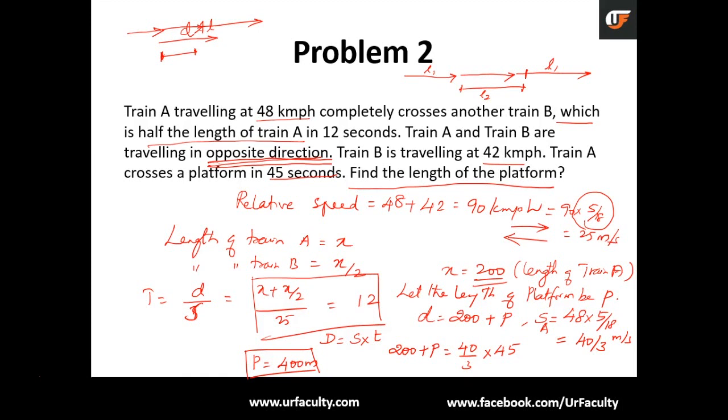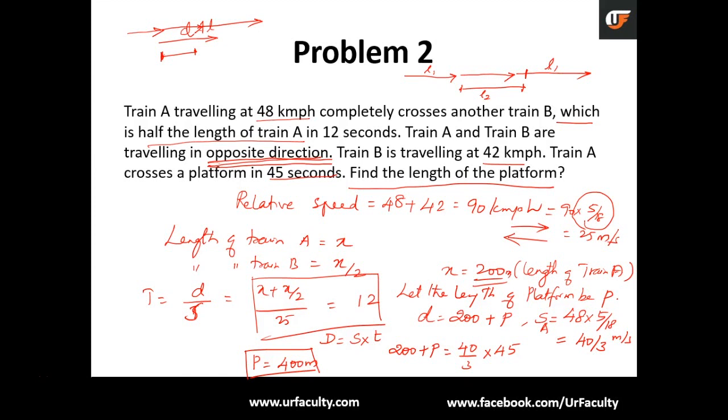Time being a constant, 12 seconds, we did a distance by speed calculation. The distance is x plus x by 2, the length of both the trains, and the speed is 25 meters per second, which we got from the relative speed calculation, and we equated it against 12, and we got the length of train A to be 200 meters.